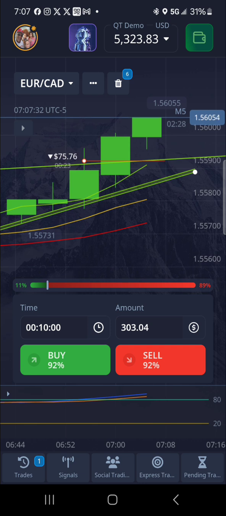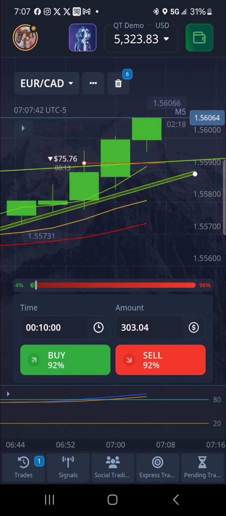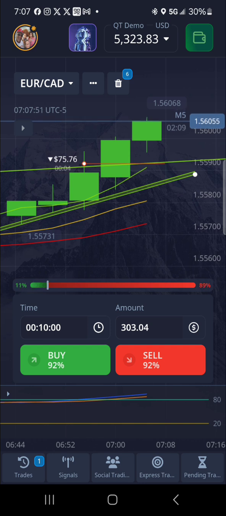So this one does look like it appears to be a breakout. It looks like it's breaking out, right? Now, let's see what happens. So yeah, we lost that secondary trade, which is fine.